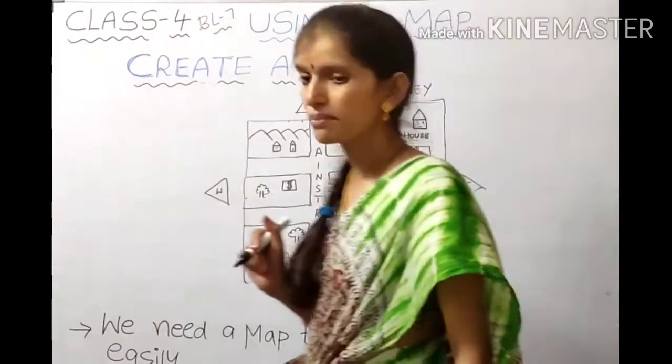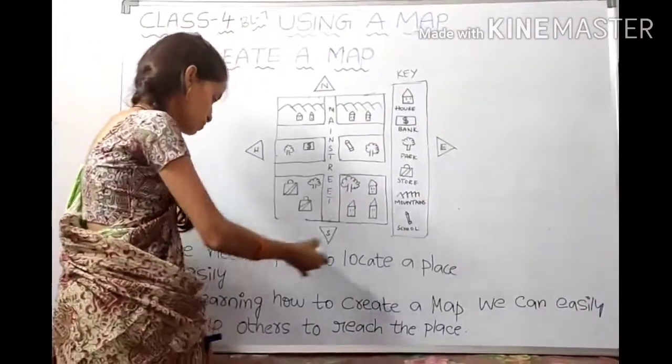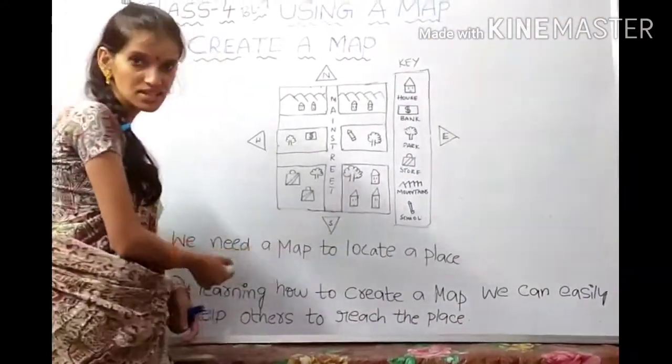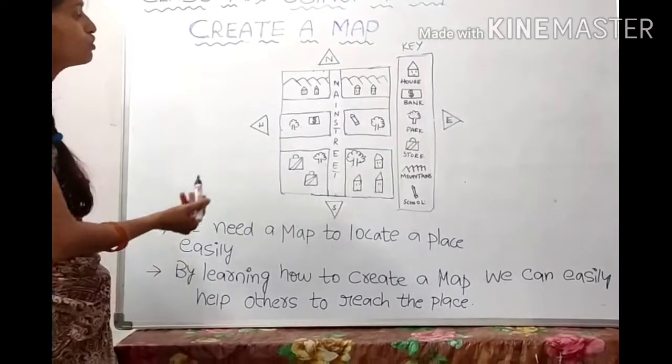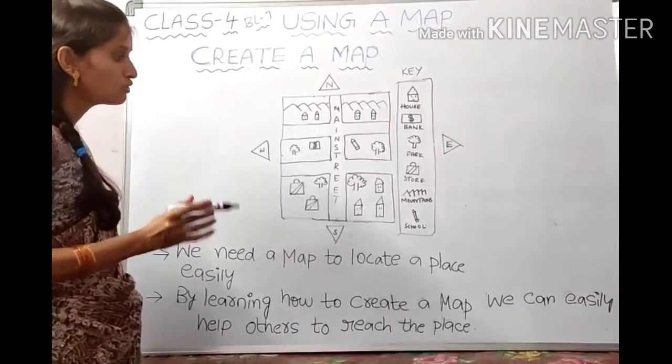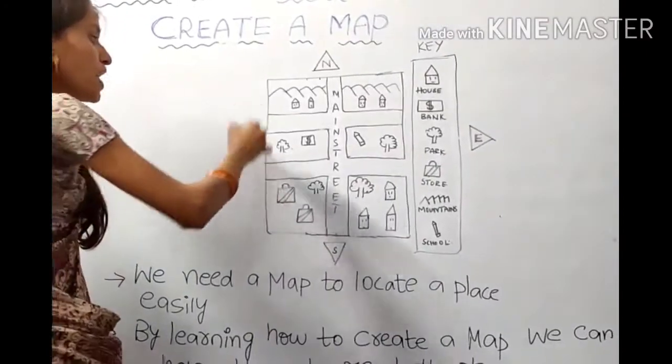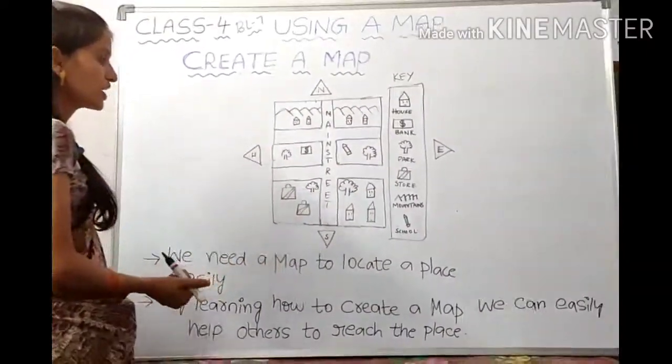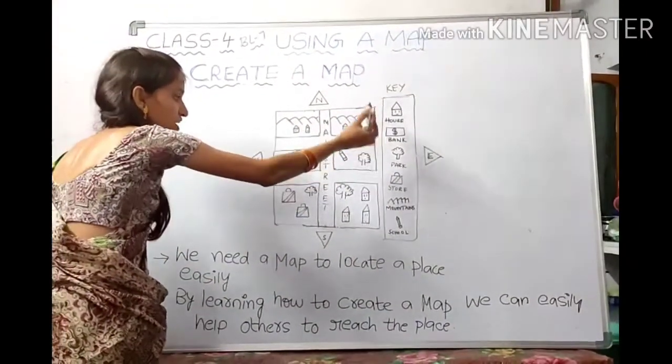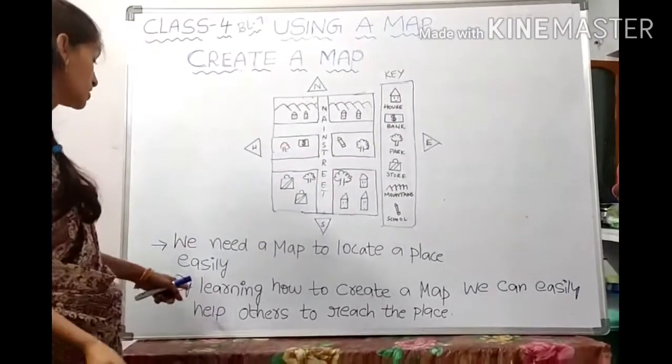So why do we need a map? We need a map to locate a place easily. So if I want to go to a school, how will you show? This map will help us to locate it with the help of direction and symbols.